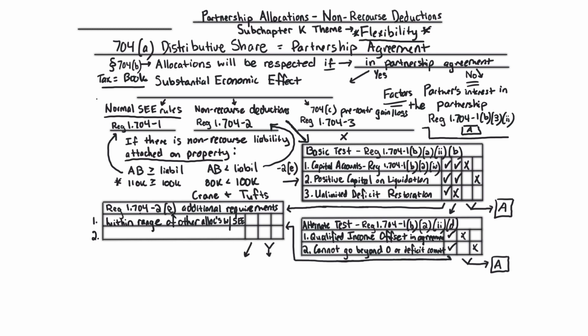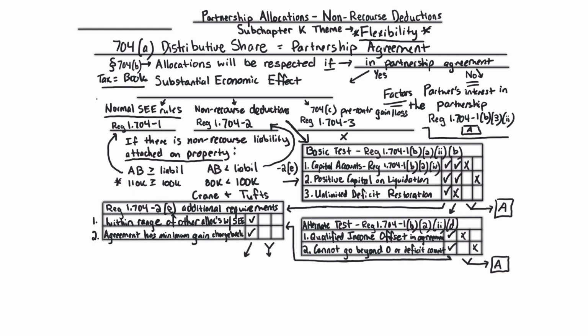Any time it would have substantial economic effect. The second requirement is the heart of all of this. It's by far the most important thing to keep in mind. The partnership agreement contains what's called a minimum gain chargeback. And I'm going to explain that in a few minutes.